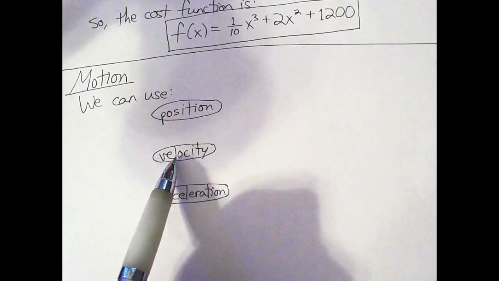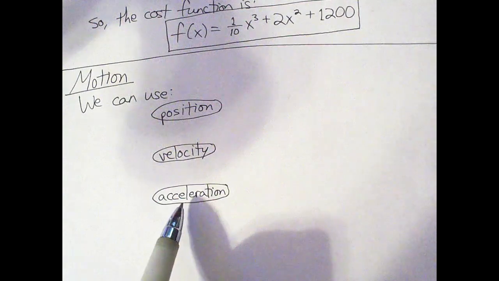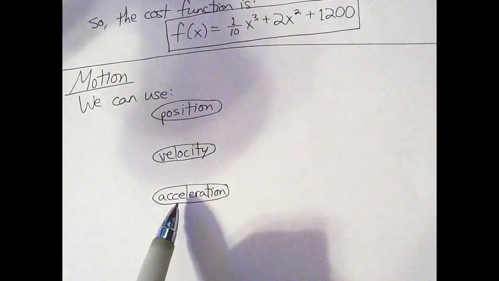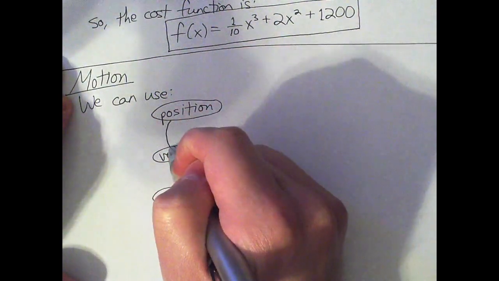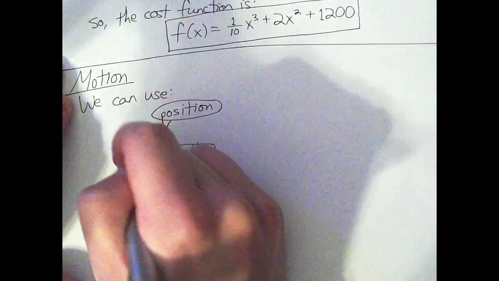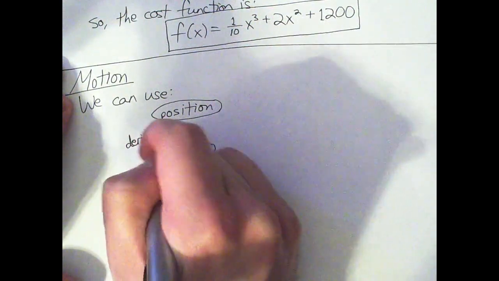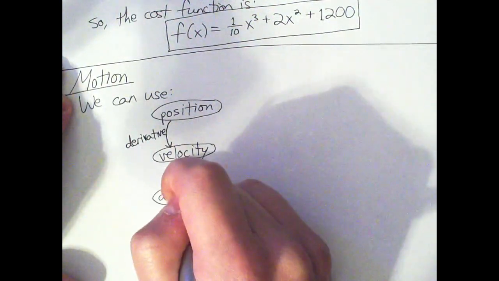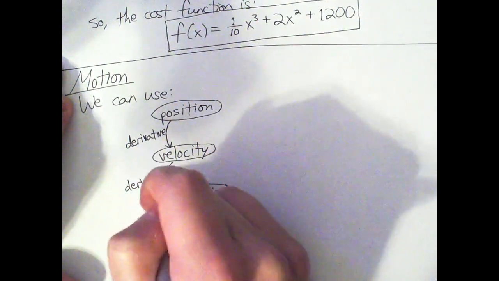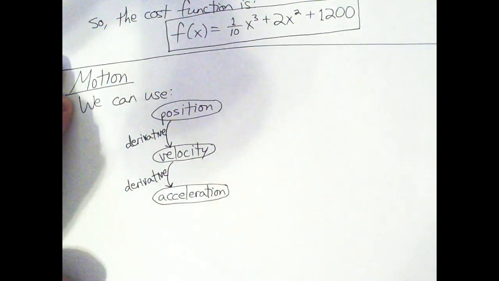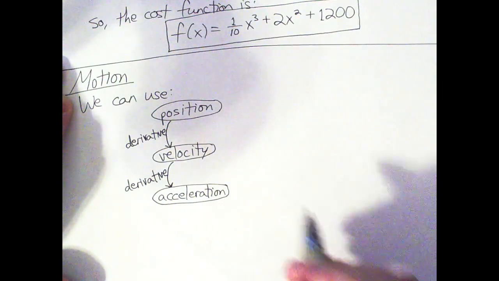And then we get from velocity to acceleration by taking the derivative again. Derivative here and derivative here. But this time we can also use what we've learned in this lesson about antiderivatives.